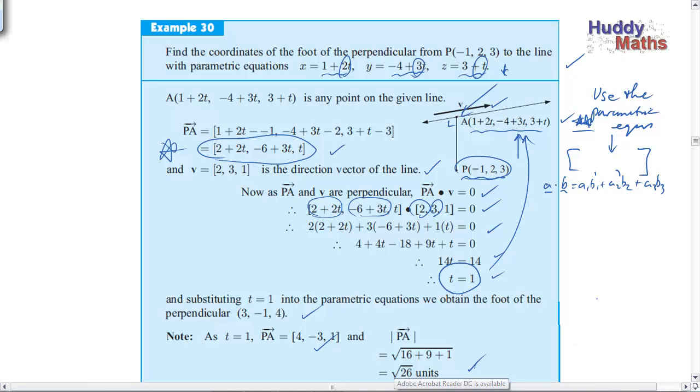So a general point on a line is represented in this 3D work by the parametric equation: x is that in general, y is that, and z is that. This is very important in further work later on as well. If you're finding a point which could be anywhere on the line, you let it have that parametric form, and then hunt for t to lock it in.